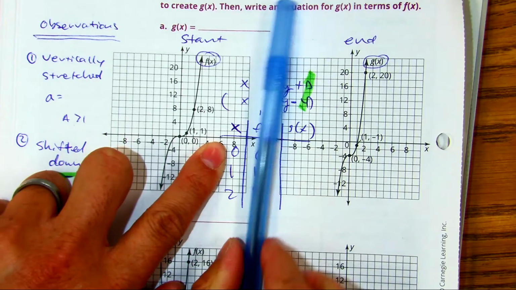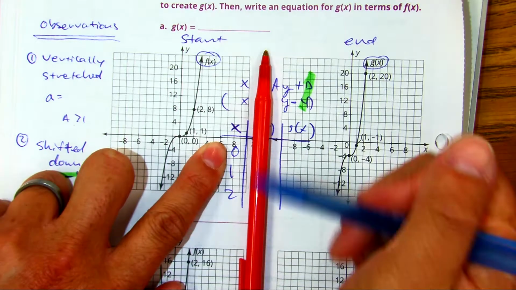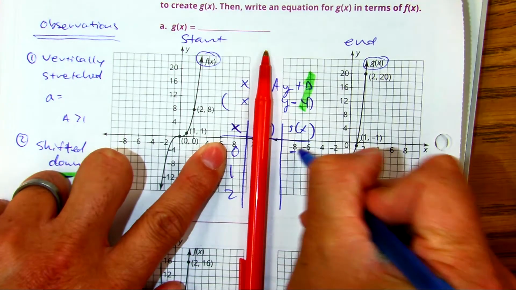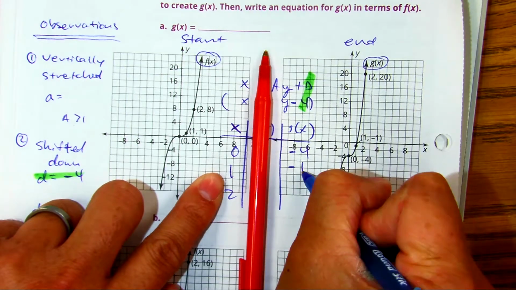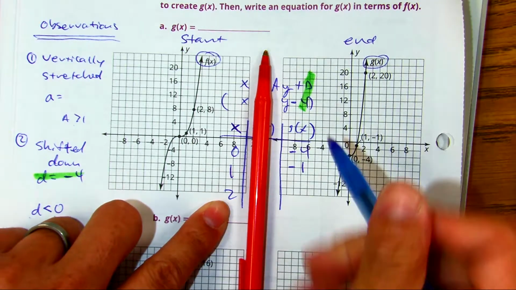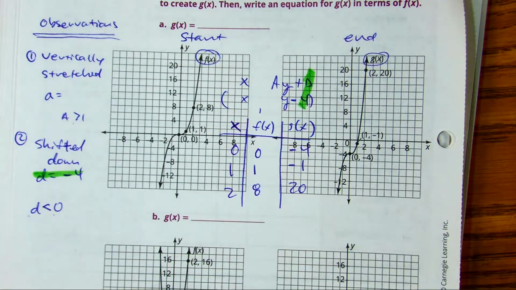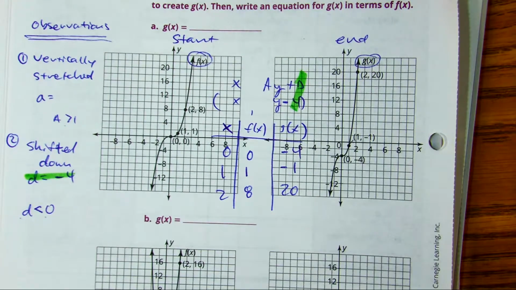So let's put a pen right here. I'm going to use this pen to kind of cross off this list. So now I'm at g of x. 0, negative 4. 1, negative 1. And then 2, 20. So let's see if we can color code this.